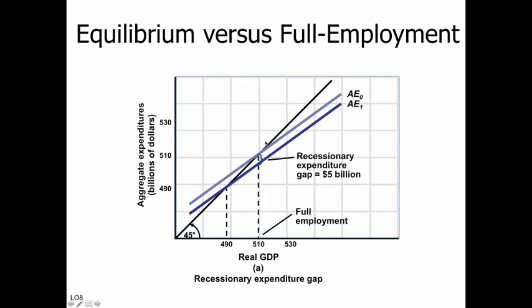So here we would say the recessionary expenditure gap is $5 billion. We need spending to rise by $5 billion to get GDP to increase by $20 billion, 4 times that amount, to get rid of the recessionary gap.